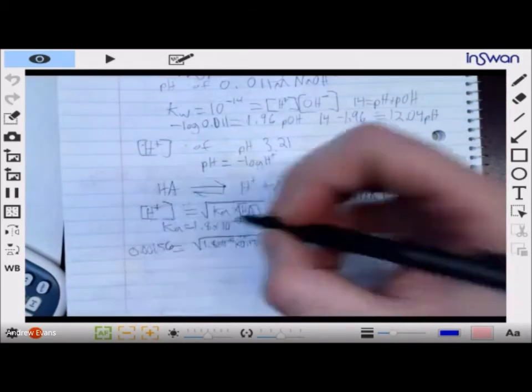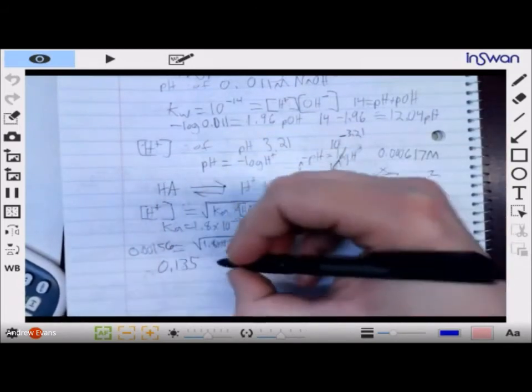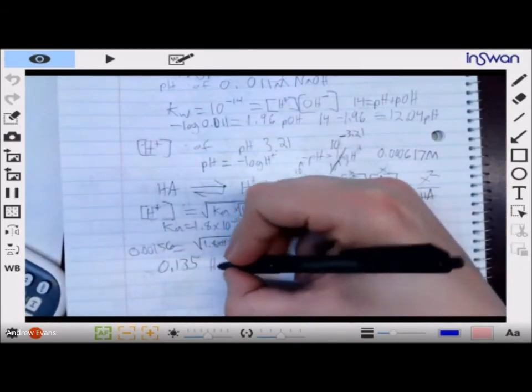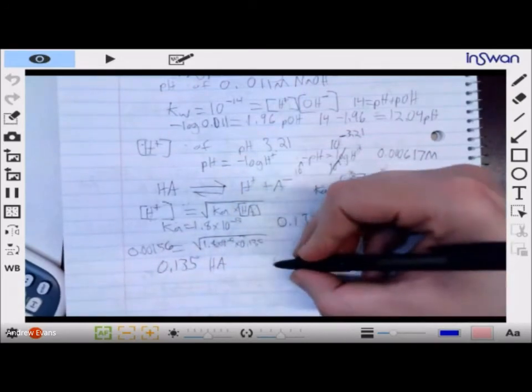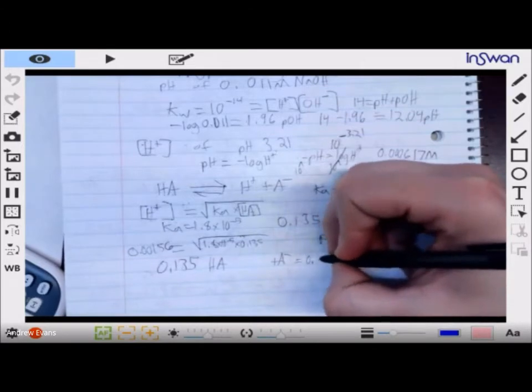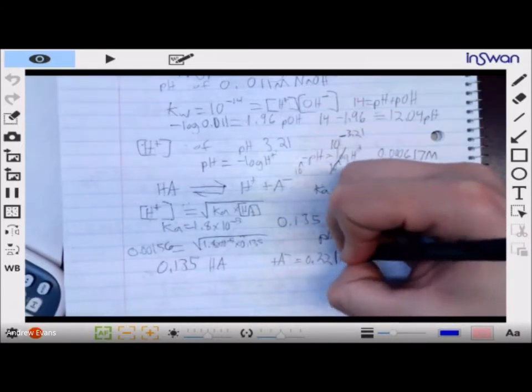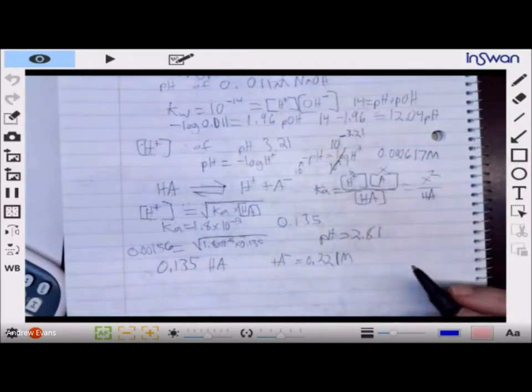So instead of just 0.135 molar acetic acid, we also have, say, 0.221 molar of the sodium acetate.